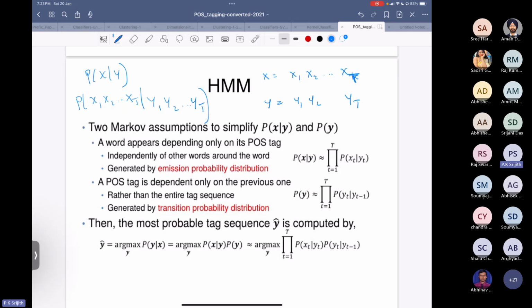Now, if you try to model this probability jointly, that is the joint distribution over x1 to xt given y1 to yt, then what could be the number of parameters that you may end up estimating?